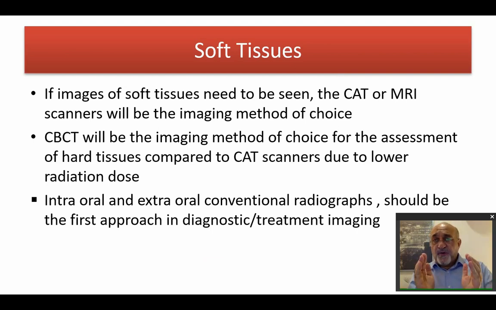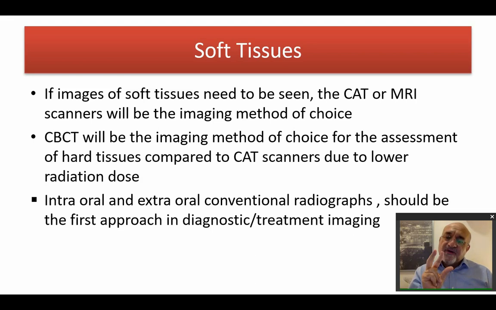If this is small, then you go to a bigger one, which is the OPG. Those imaging modalities always have a lesser amount of radiation, and most importantly, they have better resolution compared to the image of the CBCT. So your first line is the intraoral and OPG.